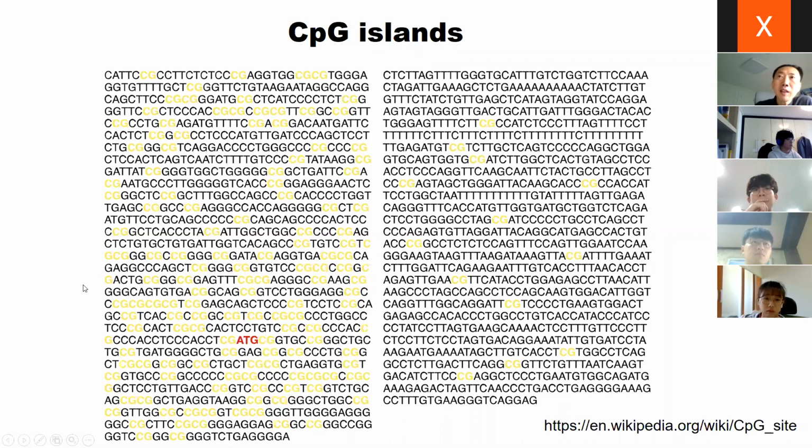This area is the binding site of activators and many different proteins for RNA synthesis, right? That's why this area regulates gene expression. That's why it is highly enriched in CG, CPG. So this area we call the CPG island. This is definitely much more than 6%.